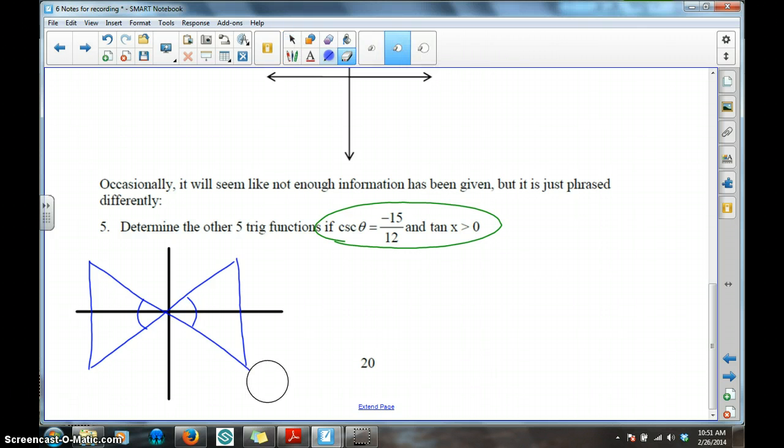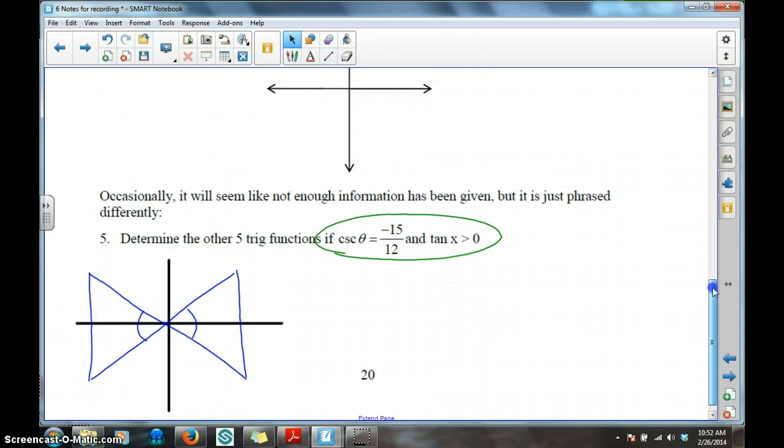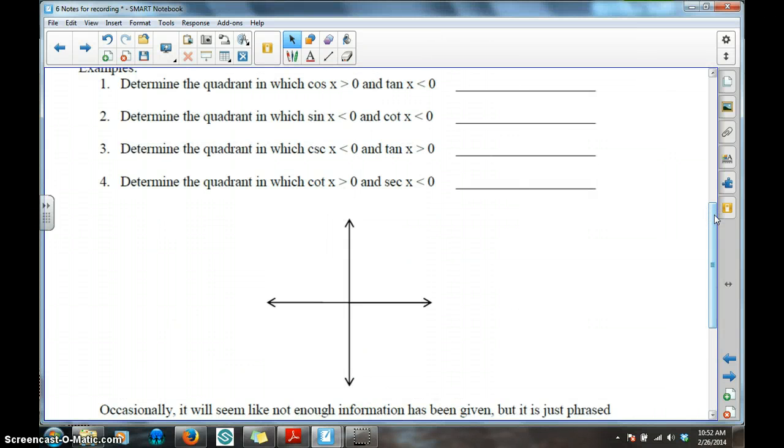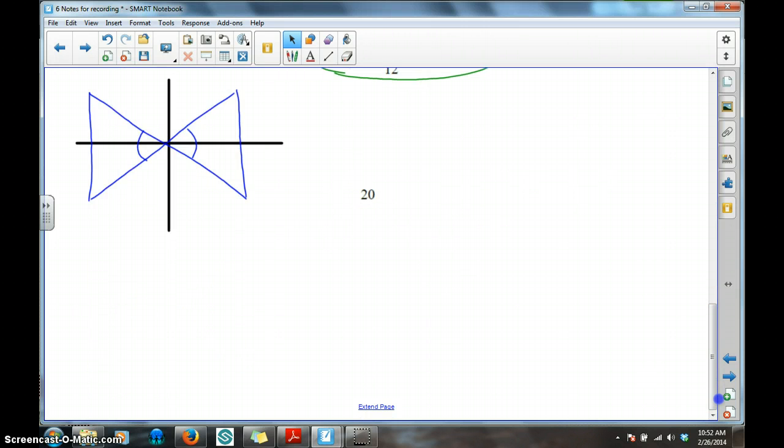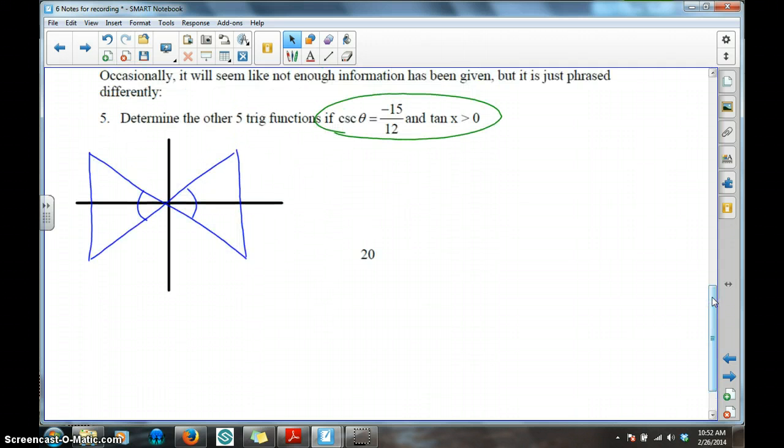Now within those bow tie triangles, effectively what I'm going to do first is what I just finished doing up here, where I was choosing a quadrant based on 2 pieces of information. I'm going to rule out or exclude 3 of these triangles based on this information. Now they have given me 2 pieces of information, it's just one of them is in secret code.